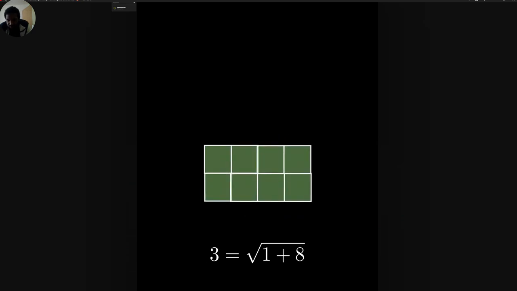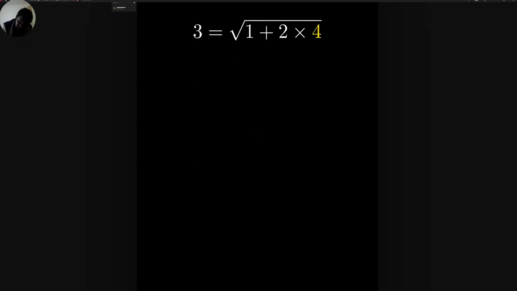8 blocks. It looks like an L. But Ramanujan realized this shape is just a disguised rectangle. Height 2, width 4. So 3 is actually the square root of 1 plus 2 times 4. This geometric rule works for any number. Take a square, remove 1, and you get a rectangle of neighbors.